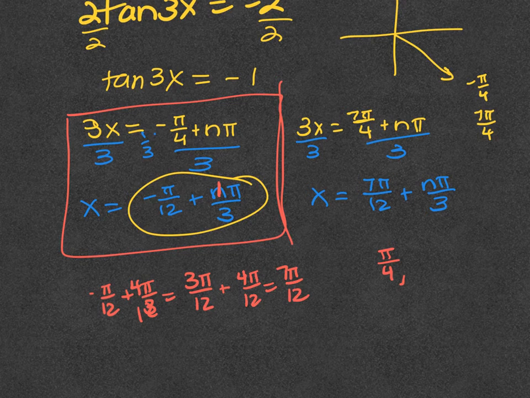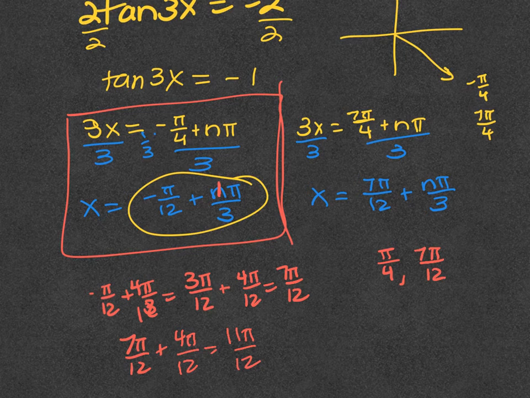Is that less than 2 pi? Yes, so I keep it. And then I do it again, and I get 11 pi/12. Is that less than 2 pi? Yes, so I keep it. Add 4 pi/12 again, is it going to be too big? No, it's not. 23 pi/12. I can do it one more time.